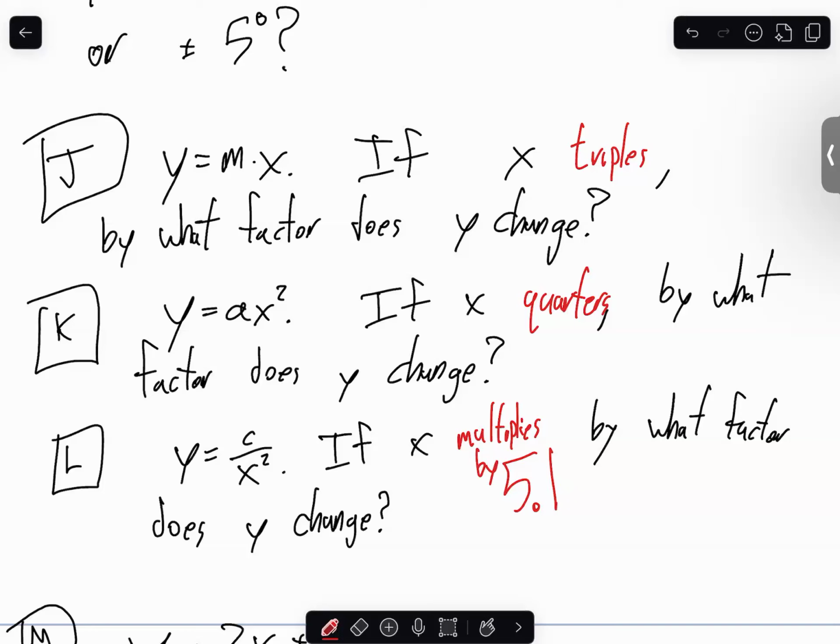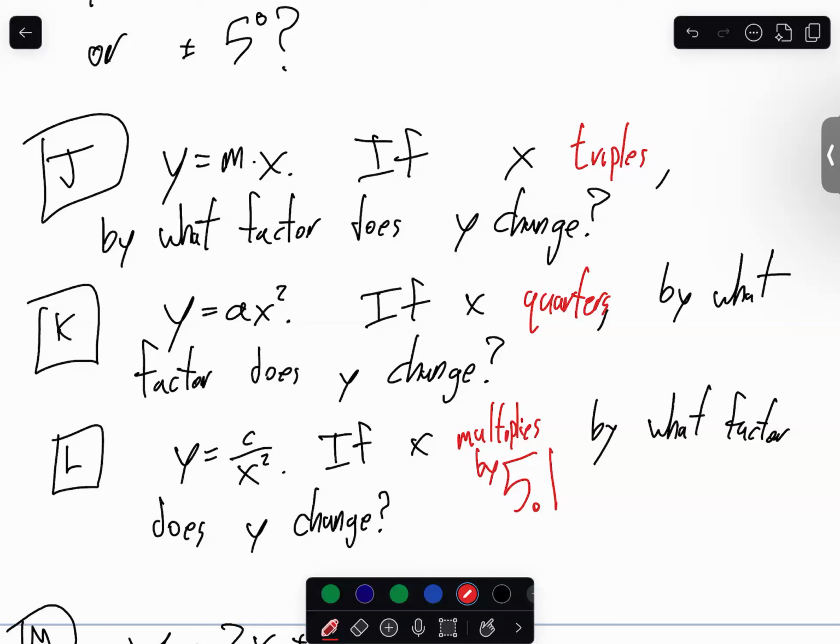y equals m times x. There's no offset. Proportion. We're talking about strict multiplication, division, square roots, and so on. You could just take ratios. The constants drop out. So I can make up any number I want. Let's say m is 7 and x is 2.